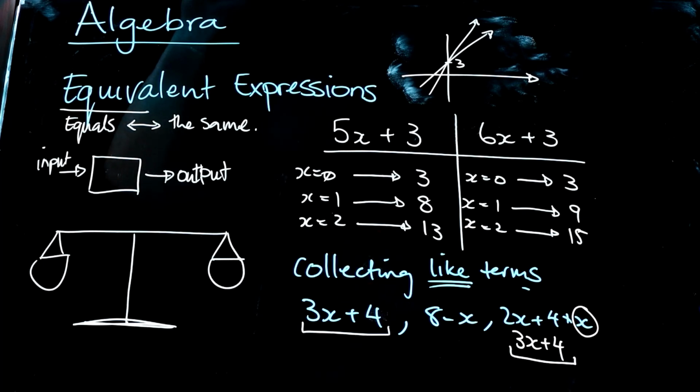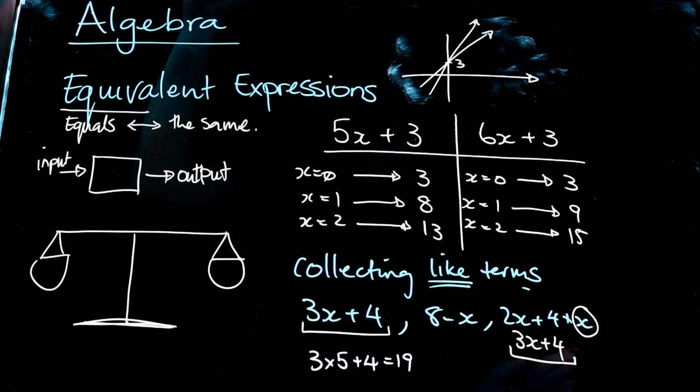If you didn't follow me there, think about this. If we had 3 lots of 5 plus another 4, that's going to be 15 plus 4 equals 19. Say we had 2 lots of 5 plus 4, which is 10 plus 4 is 14, plus another 5. Well, that's the same thing as saying 3 times 5 plus 4.